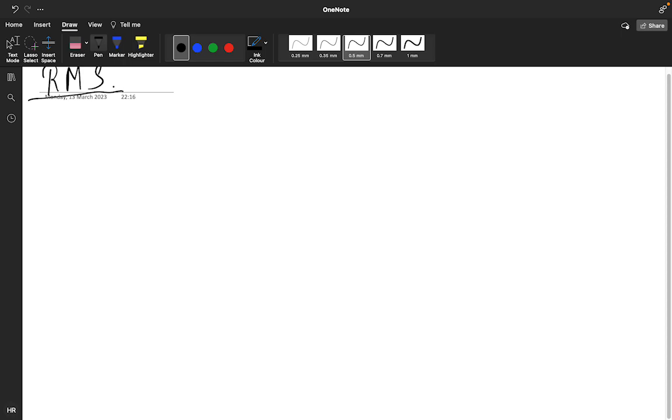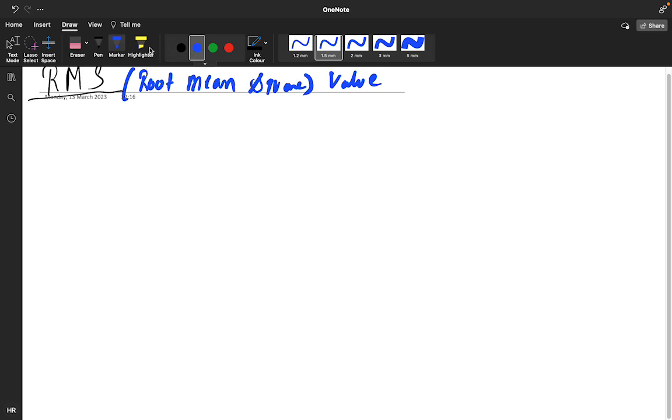See, the true meaning of RMS: the full form of RMS is root mean square value.